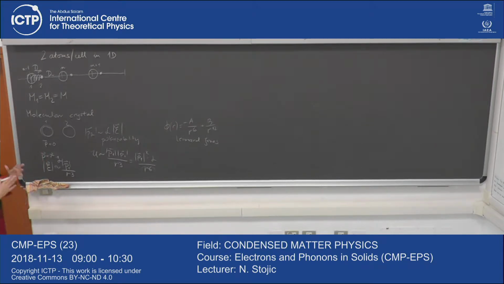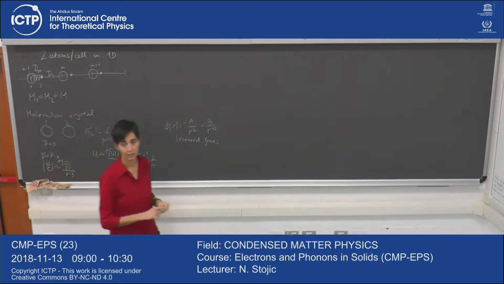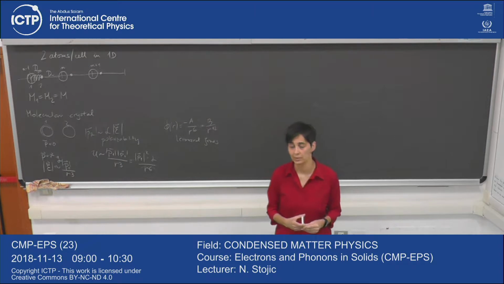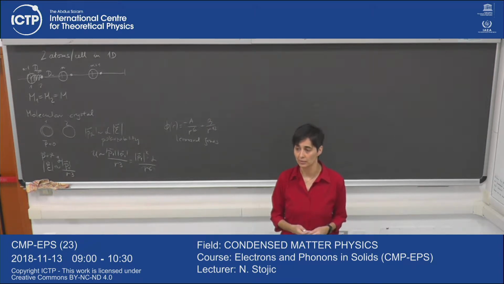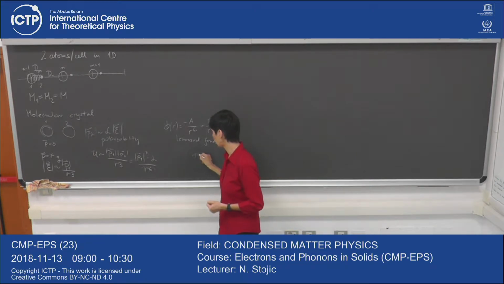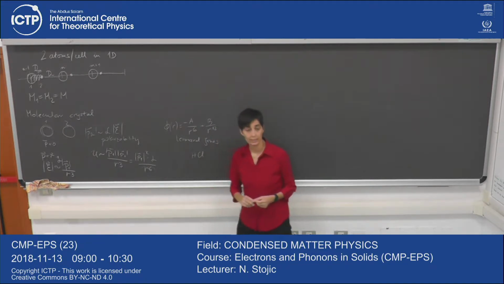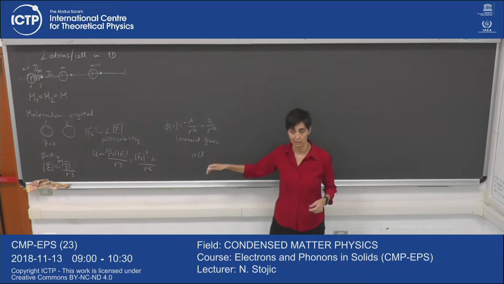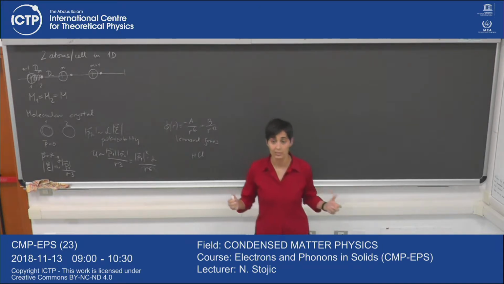Okay, this just says that this is a dipolar interaction between noble gases, but also molecules or compounds covalently bound, like HCl, can actually form a crystal which is bound by van der Waals forces.